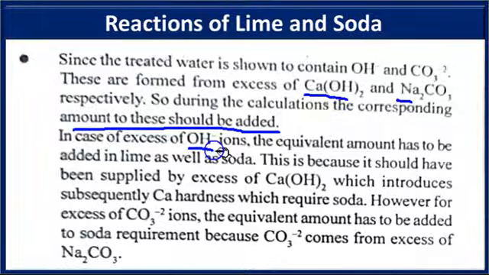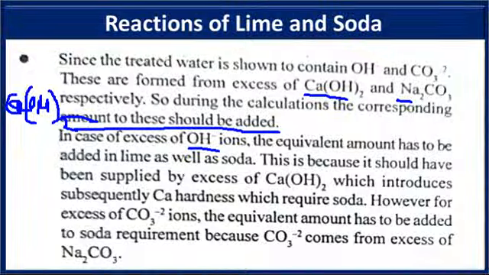In case of excess OH minus ions, the equivalent amount is to be added in the lime as well as the soda. Why? Because for the compensation of this OH minus, when we add the lime as calcium hydroxide, we know that when we add the calcium hydroxide, it also generates calcium permanent hardness.